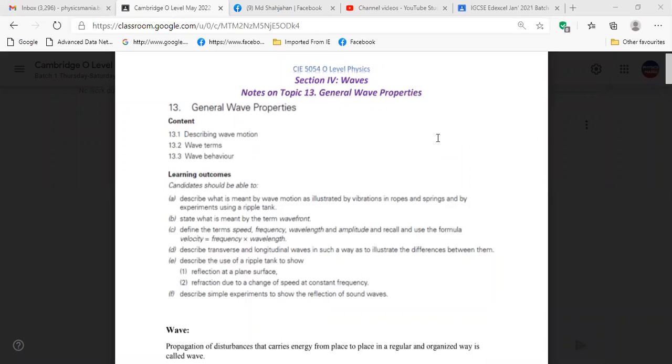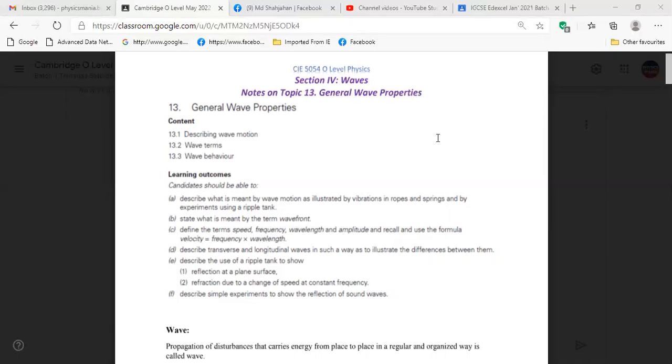Those are called wave terms, like wavefront, frequency, wavelength, and amplitude. These terms are common for all waves. So in this topic we are going to discuss all these general things. That's why this topic is known as general wave properties.